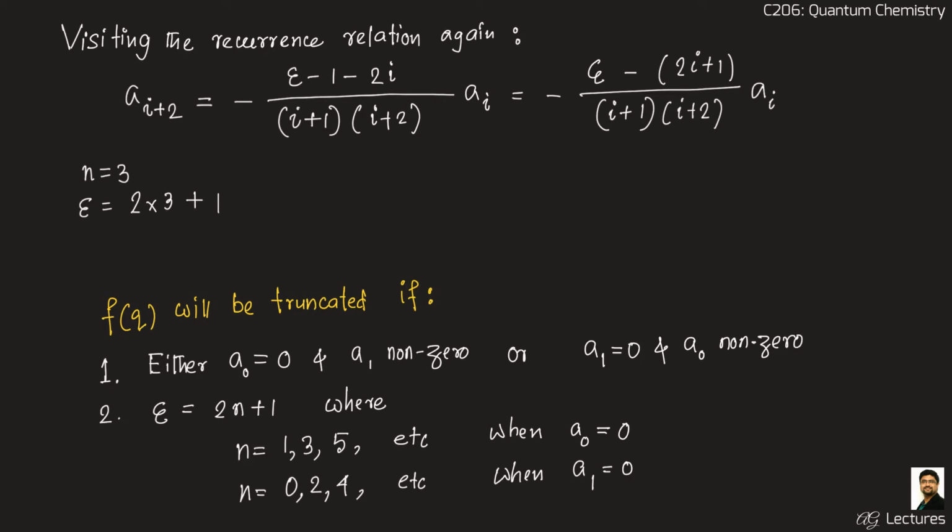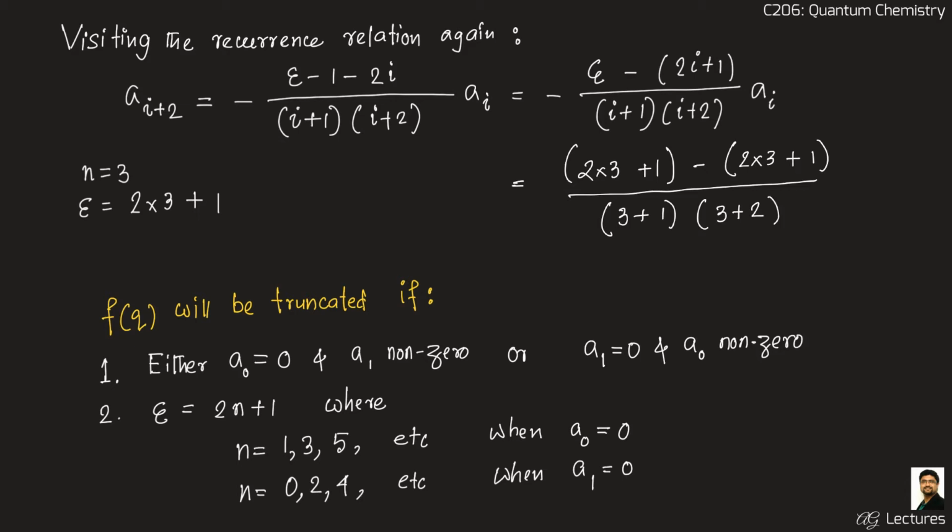Hence, if I just try to take the factor for a3, for example, then what happens? The numerator is just going to be 2 multiplied by 3 plus 1, minus 2 multiplied by 3 plus 1, divided by 3 plus 1, 3 plus 2, and a3.